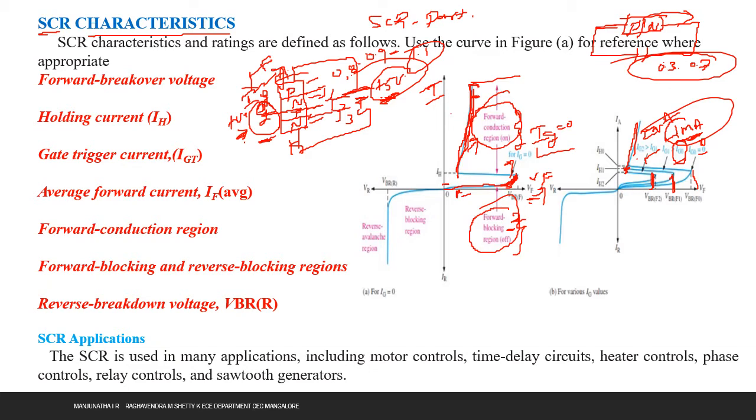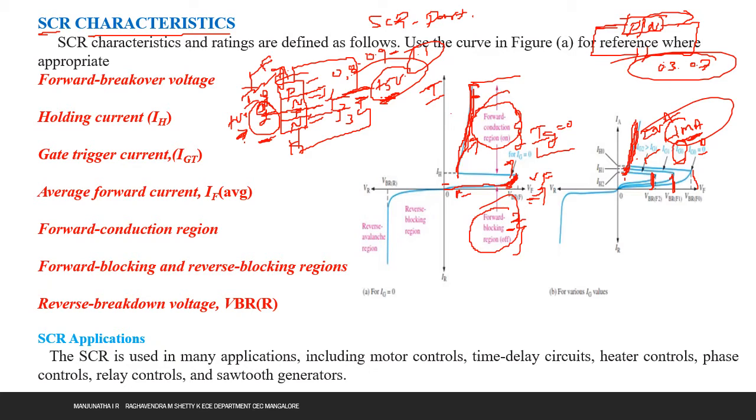Once it is broken down, for a small value of forward voltage, we see a large value of current across the SCR. We are just taking help from Ig, so this is the change we can observe.